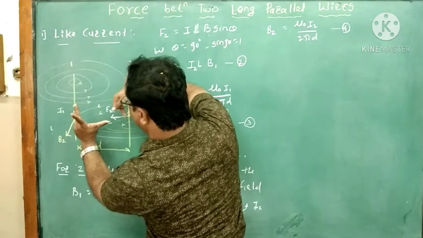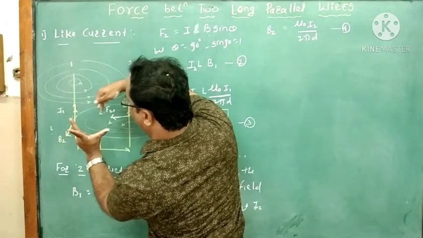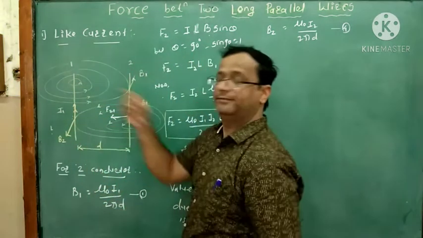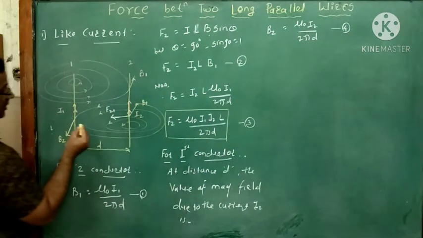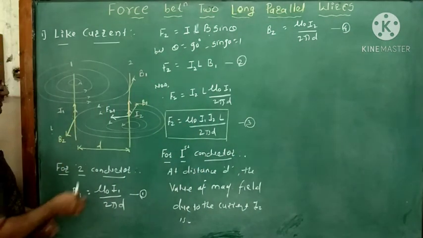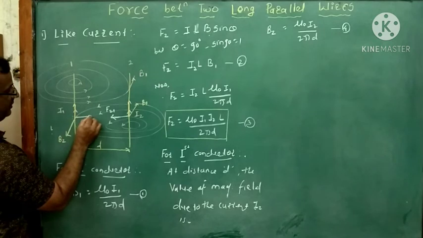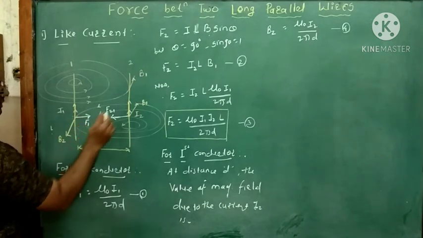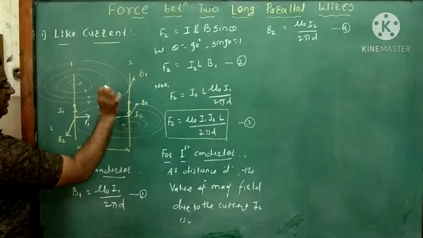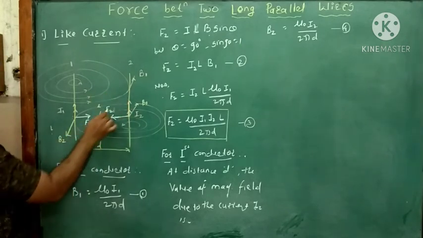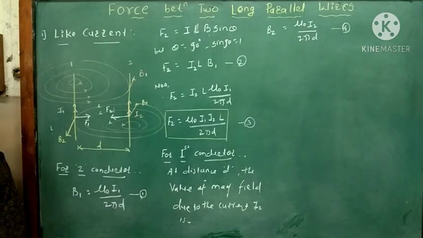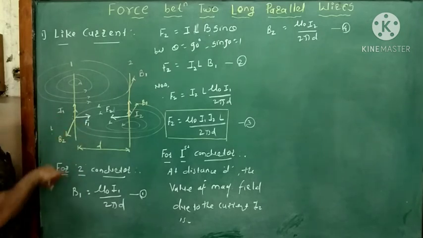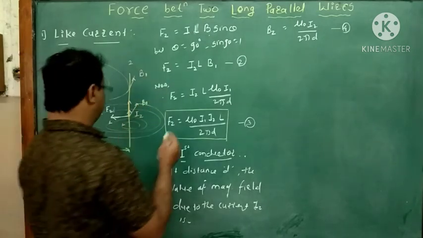Then outstretched thumb indicates the direction of force acting on the first conductor. It means that here the direction of force is this one. Now this will be the force F1. But the magnitude of F1 is, so what we get there?